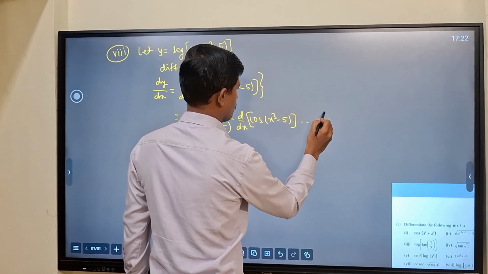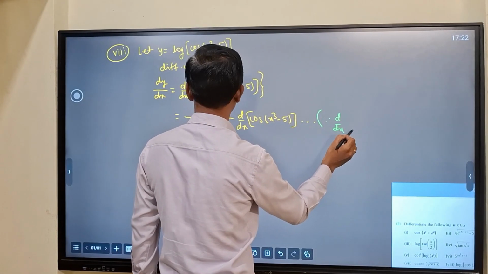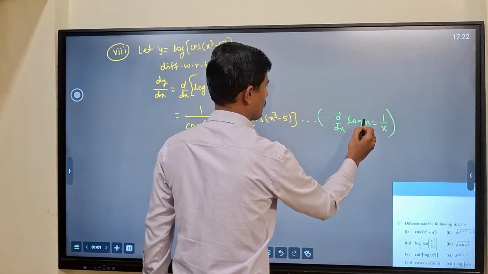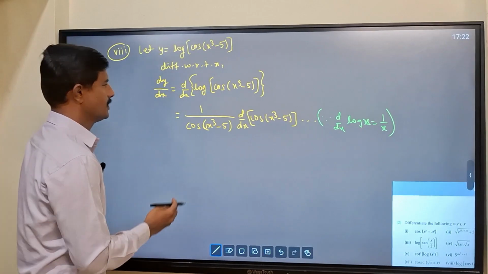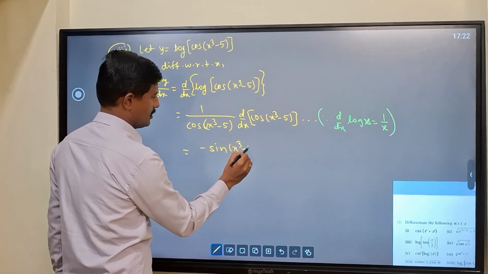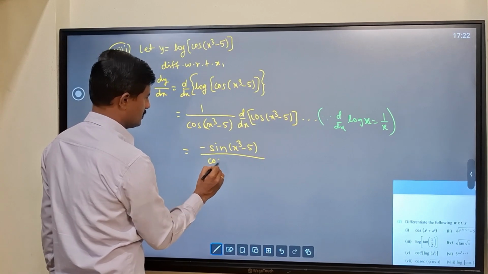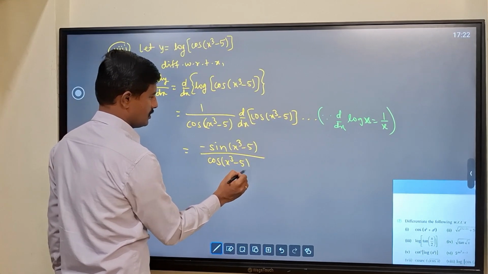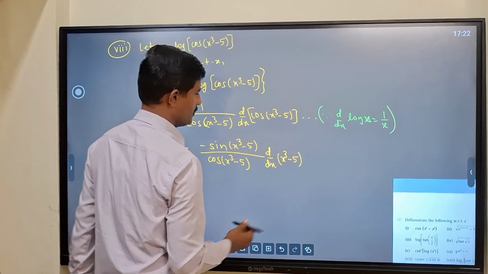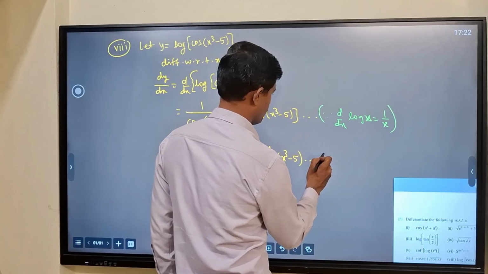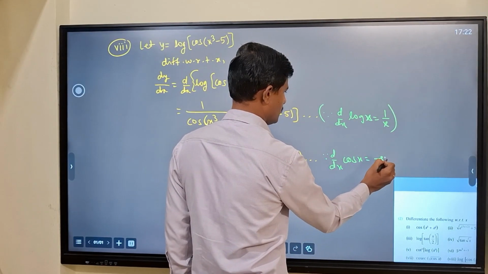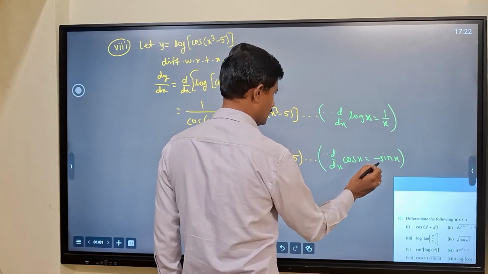Here we use the formula d/dx of log x is 1 upon x. Now differentiation of cos x is minus sin x cube minus 5 upon cos of x cube minus 5 into d/dx of x cube minus 5. Here we used the formula of d/dx of cos x is minus sin x.